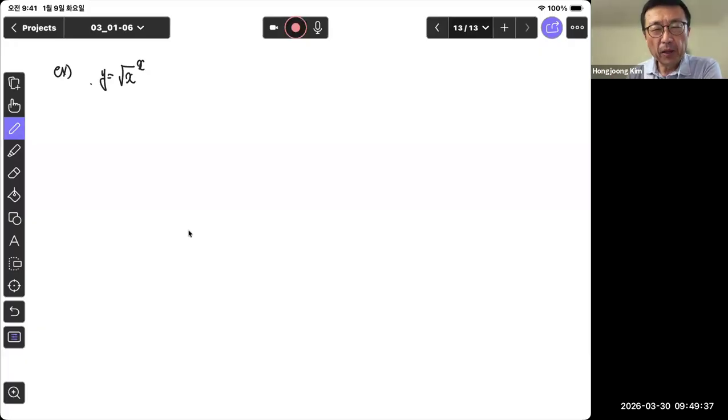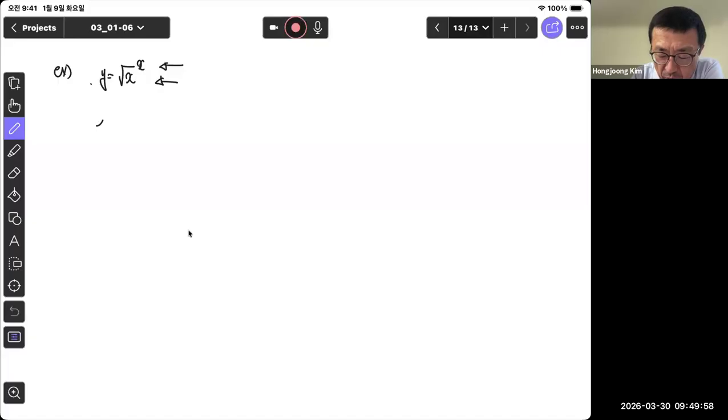Please do not apply the formula for the exponential function. As I said, both the exponent and base are changing. If you have such a function, you need to apply the ln function.